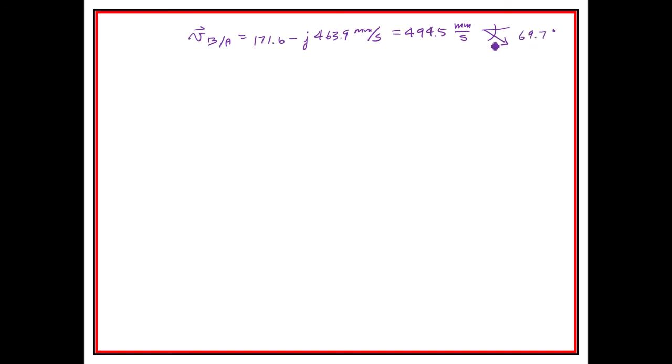We know that it's going to be down in that quadrant because it's a negative y and a positive x.